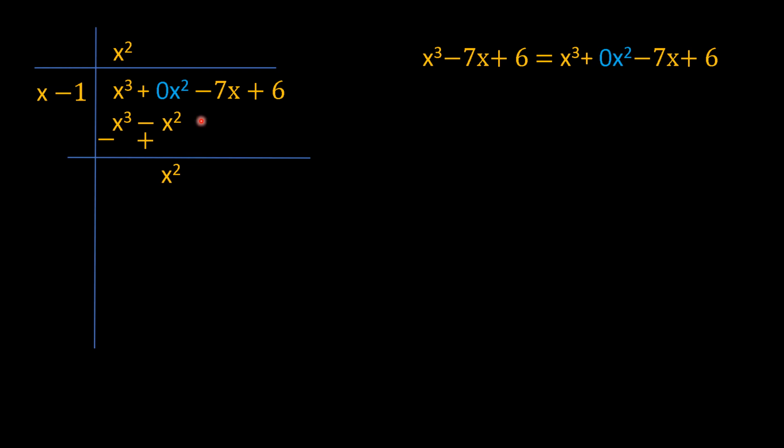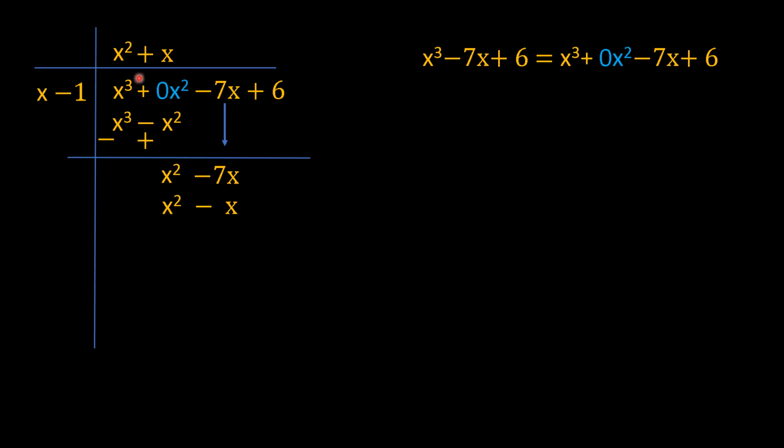Now we will pull down this minus 7x and write over here. Again we will divide this x squared by this x. That gives us x, which we will write over here. Now we will multiply x minus 1 by x. So x multiplied by x will be x squared, which we write over here.